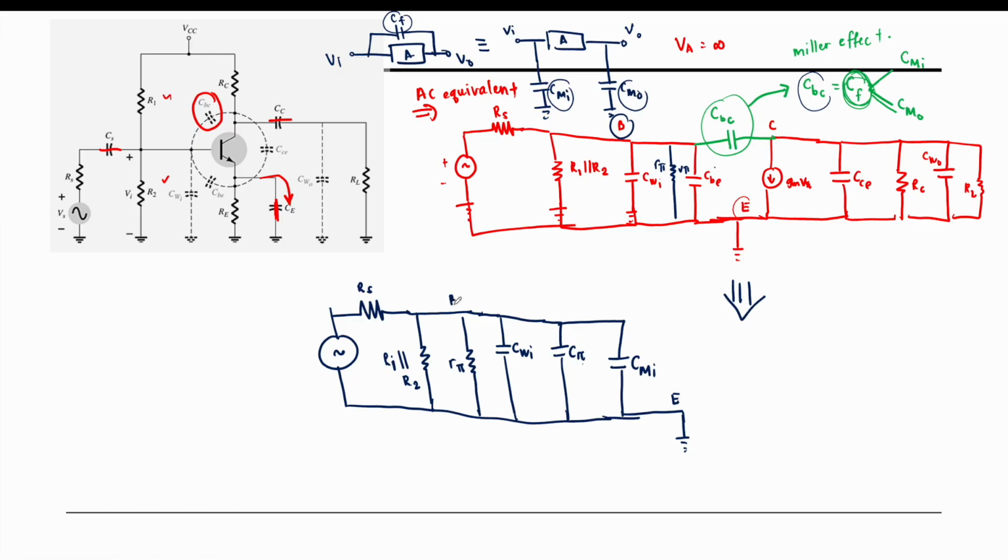Okay, so this is your base. Alright, so we have the emitter here. Okay, now it goes to the collector junction. We have GMV pi, okay, and then we have RC, and then we have RL, and then we have CWO, and then we have what else?